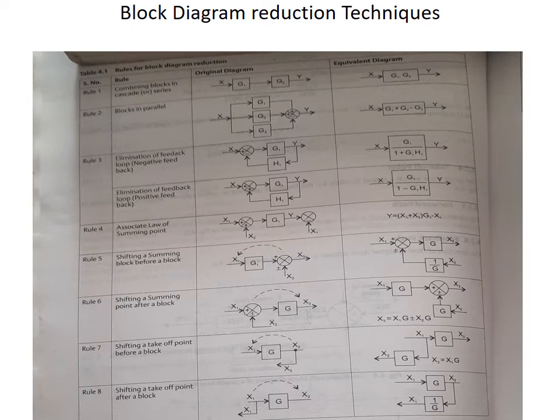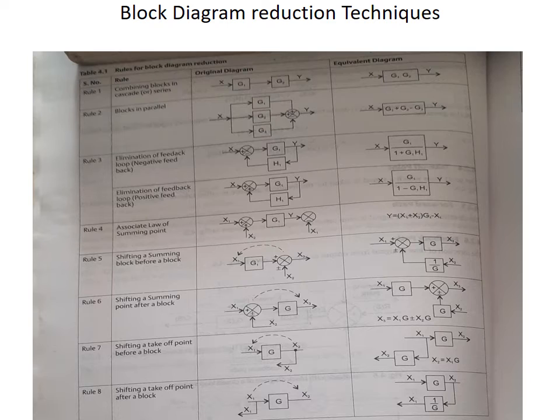So you have to eliminate G1, and for that you need a block with 1 by G. Automatically the effect of the G1 block added to the summing point is eliminated, and you get the modified diagram by moving the summing point before the block. The second column shows this form.